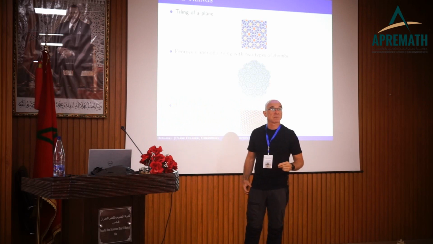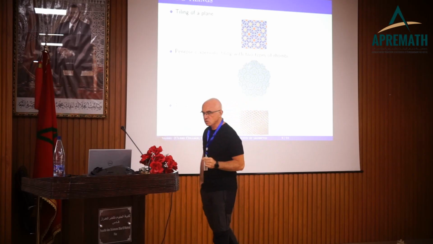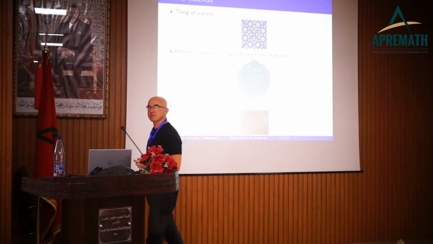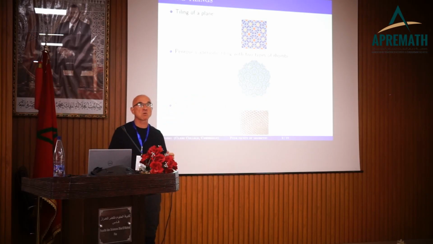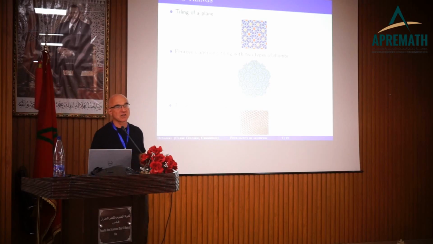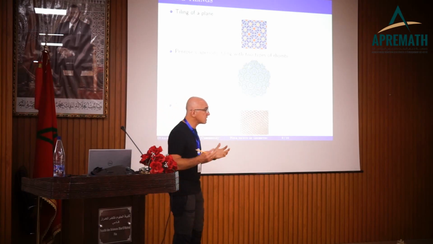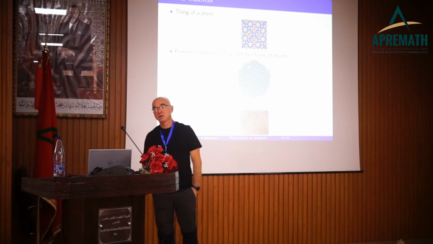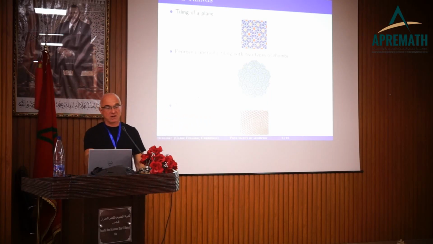It's a number which involves a square root of 5, 1 plus square root of 5 over 2. The precise formula doesn't matter, but what does matter is that this number involves the square root of 5. So there's no way it can be a rational number. So there is no finite region which, when covered, can be repeated to cover the whole plane. So these are the kinds of tilings.